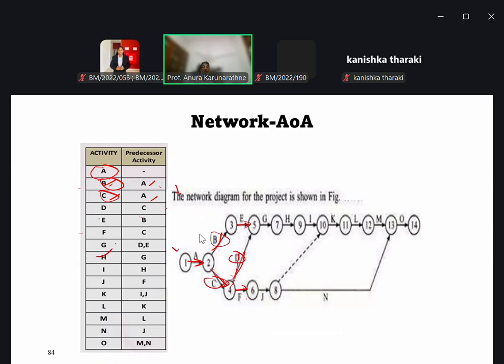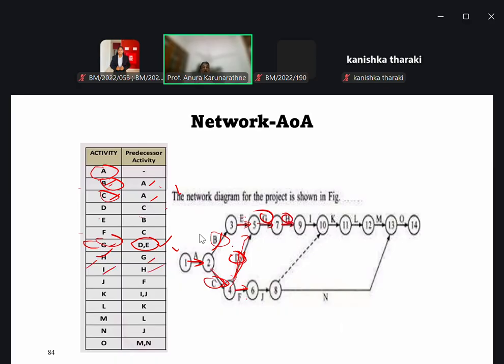Then G, after completing both D and E, so that's why we direct into here. Then we can go for G. H after completing G; now G is already completed, then H here.